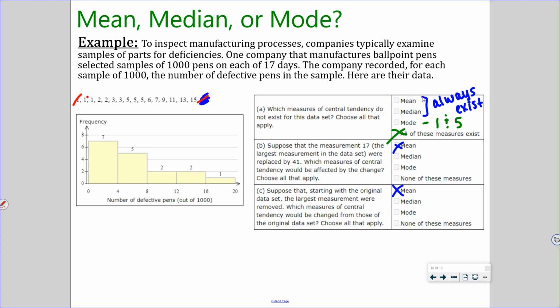Let's pretend that number was still in our set. We hadn't actually calculated the median. Okay, the median was 5. Now, if I remove that, does that change my median? No, it doesn't. And that definitely doesn't change my mode. You'll see my median is still 5, so it only affected my mean.